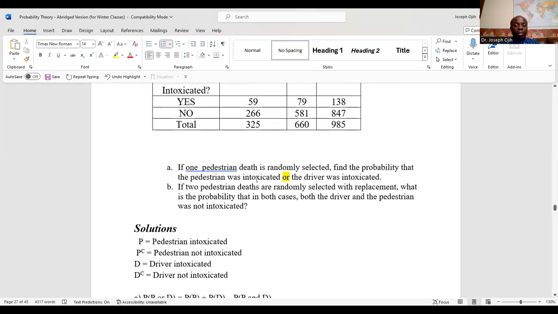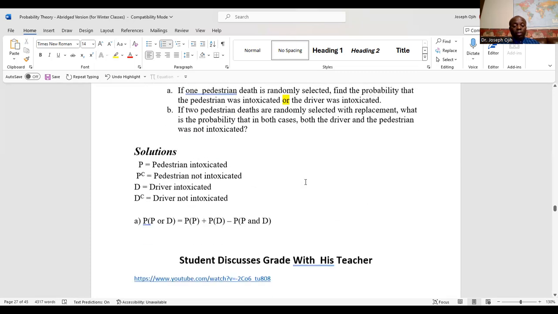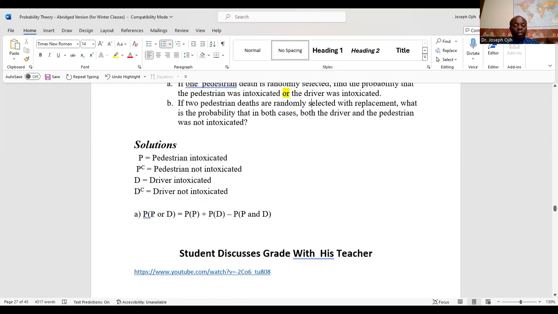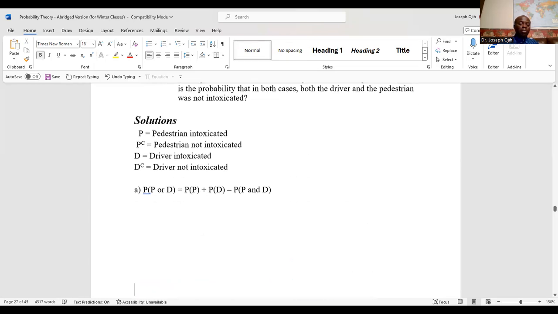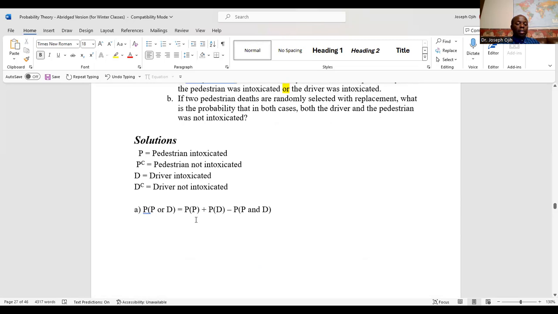So that means this is P or D. That means the probability that the pedestrian was intoxicated plus the probability that the driver was intoxicated minus the probability that pedestrian and driver were both intoxicated.